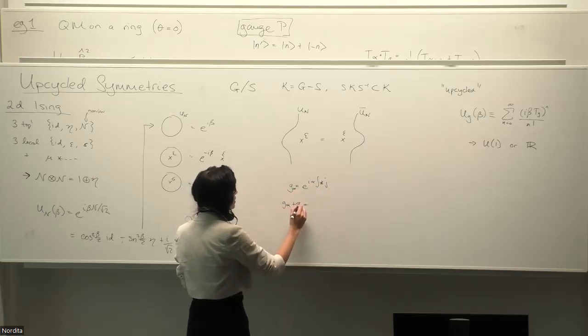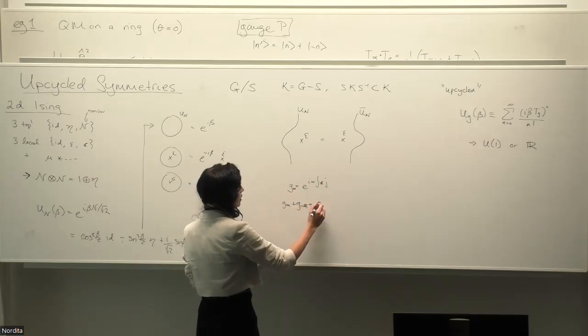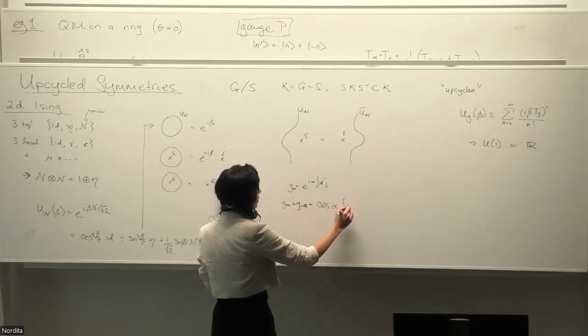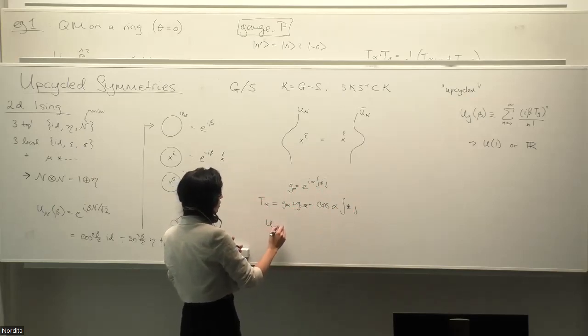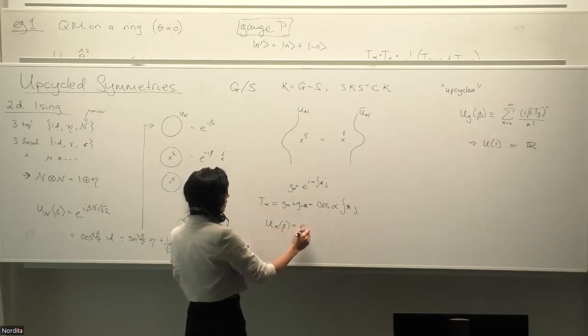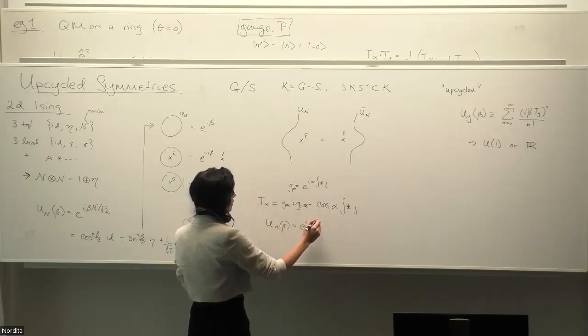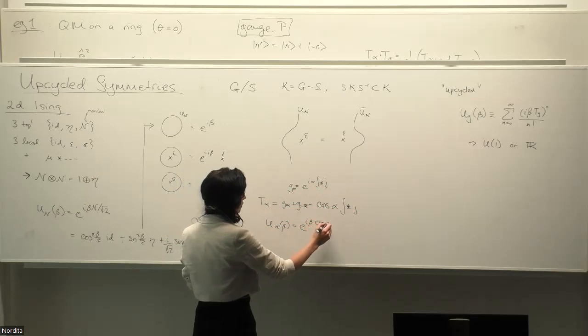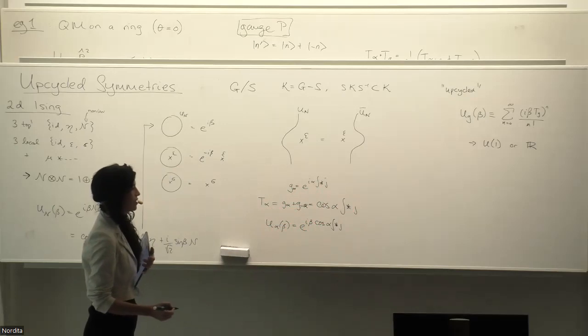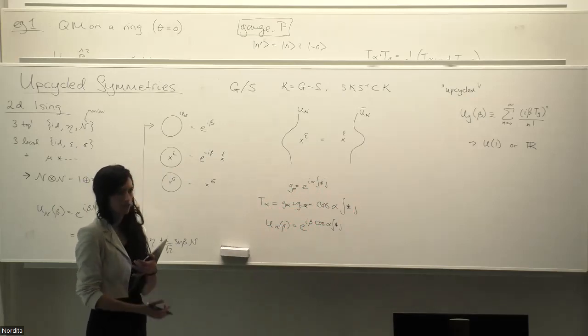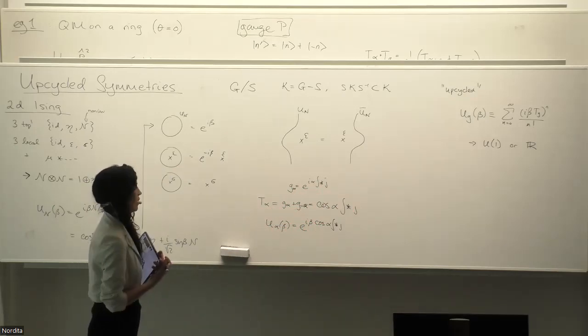So G alpha plus G minus alpha, like we had before. That's the cosine. That was our T alpha from the quantum mechanics example. And therefore, U alpha of beta is E to the I beta cosine of alpha equals star J. So it is not itself the exponential of the integral local current.